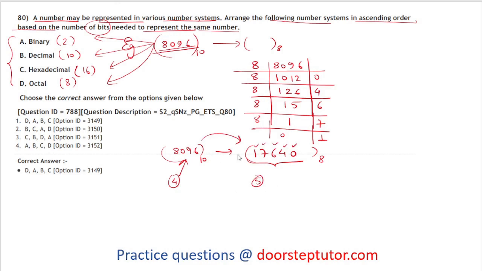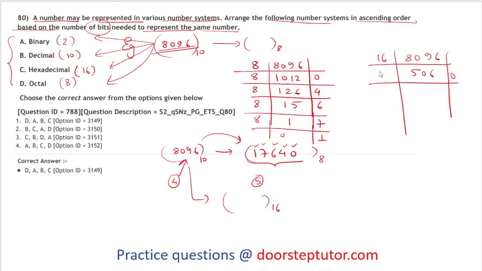Okay, now let us convert this number into hexadecimal. So for hexadecimal, the base is 16. So we are going to divide this number 8096 by 16. So this will be 506 and the remainder will be 0. Divide it again by 16. So that will be 31 and the remainder will be 10.